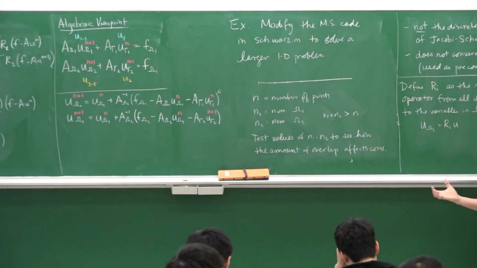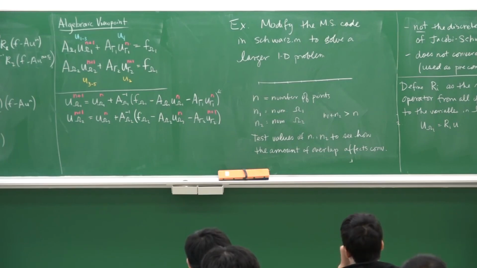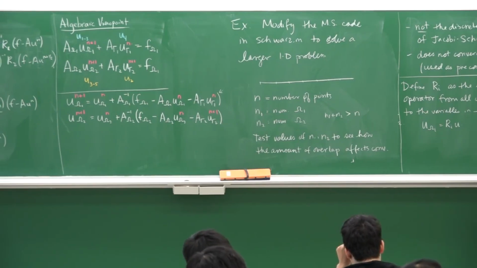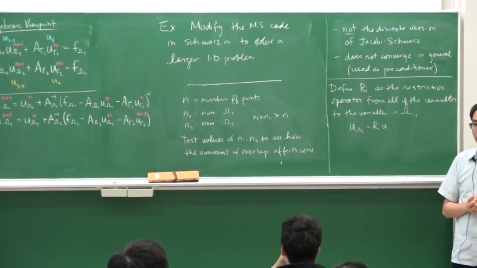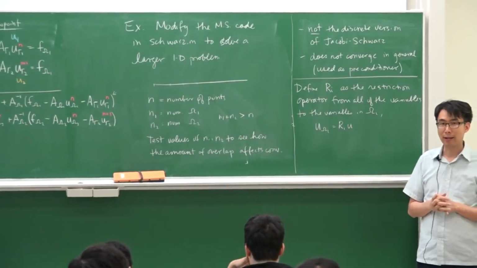You can probably guess that if there's a lot of overlap, convergence will be faster. And if there is a little bit of overlap, convergence will be slower. All right? Are there any questions? Okay, if not, have a good day, and I'll see you tomorrow.